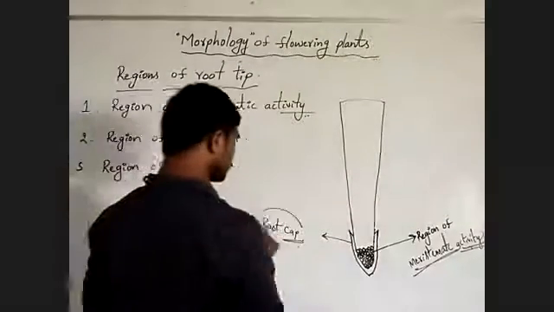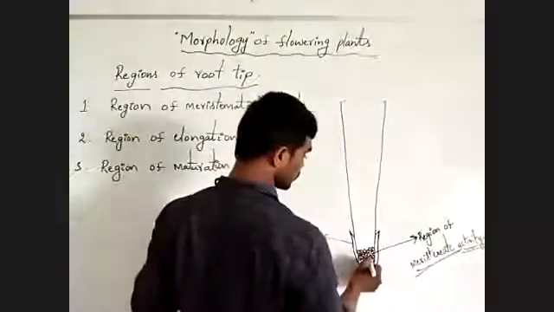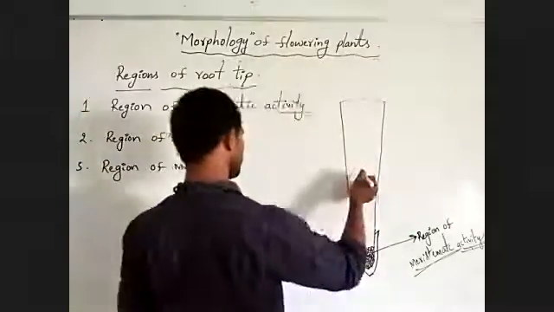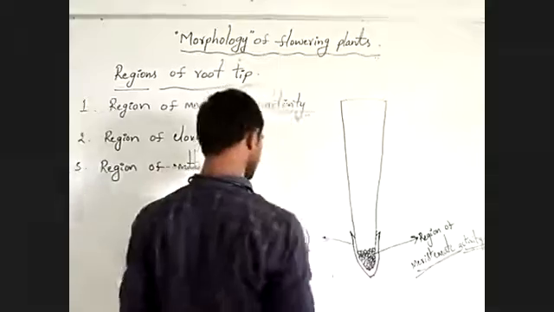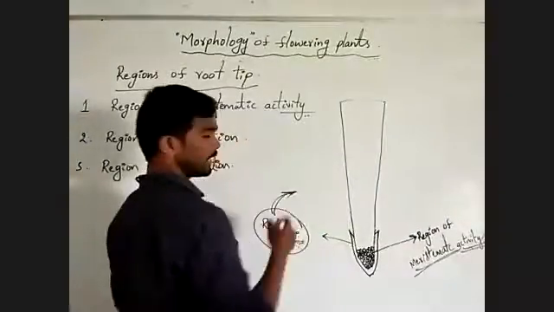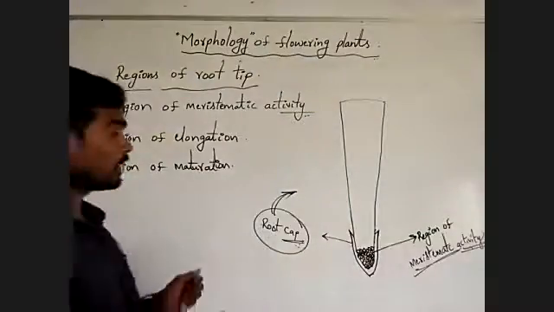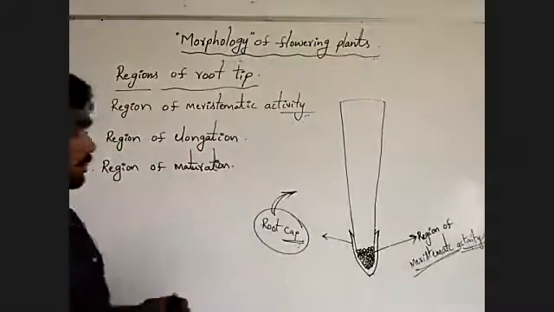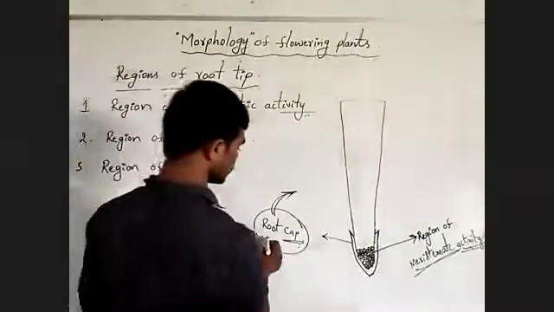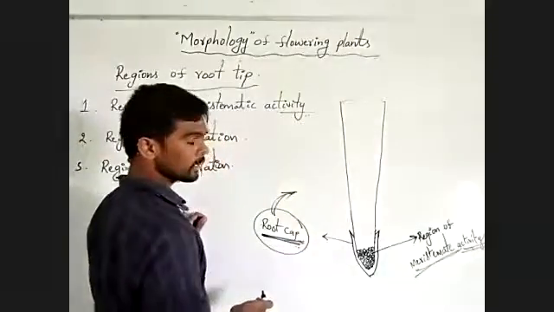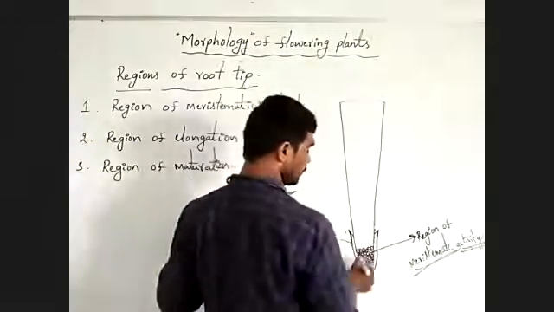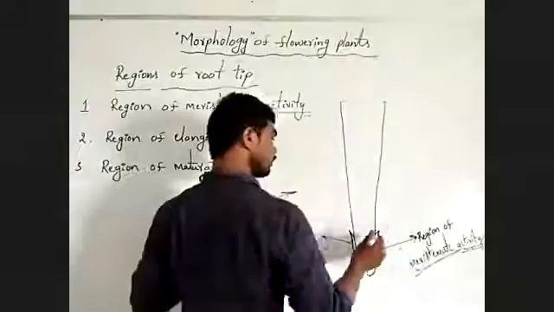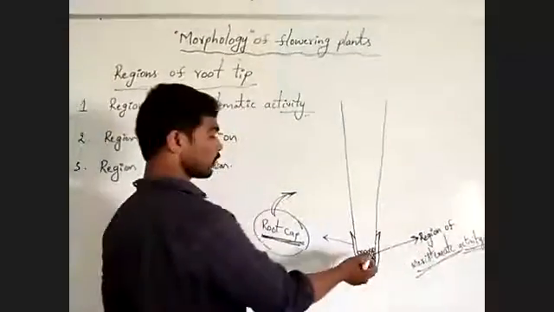What is the function of the root cap? It protects the apical tip of the root where meristematic tissue is located.